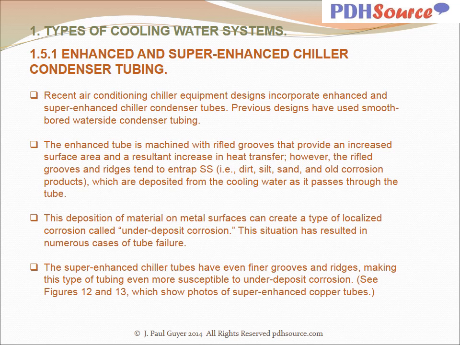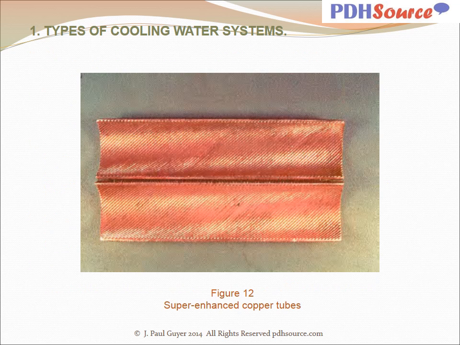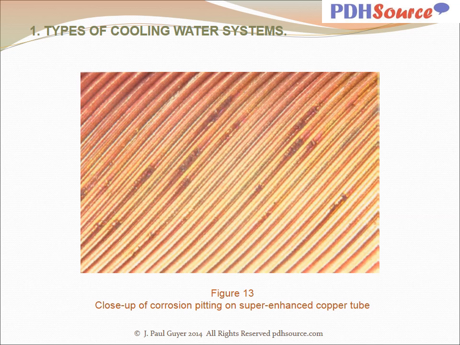Refer to figures 12 and 13, which show photos of super enhanced copper tubes. Figure 12 is a photo of a super enhanced copper tube. And figure 13 is a close-up photograph of corrosion pitting on super enhanced copper tubing.